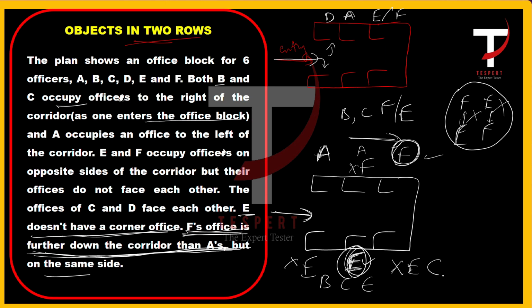So if I place C here, then D must be here, but F is already there. So the only place where we can put C is here, so that D will be here. C and D. Okay, let me clear this.